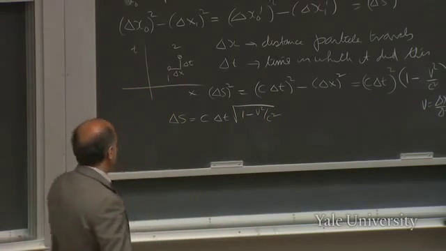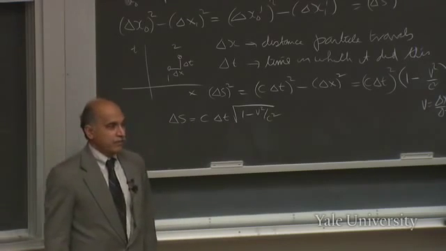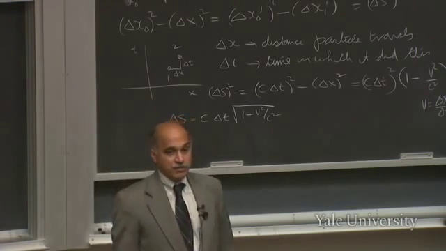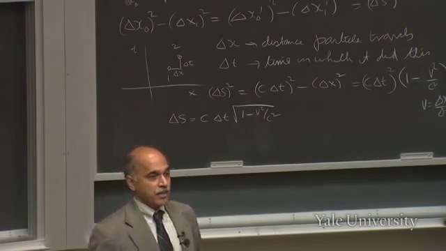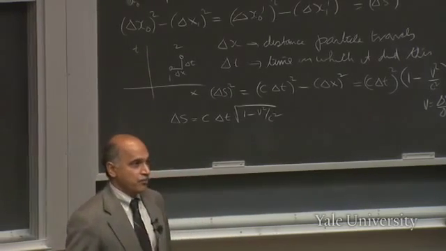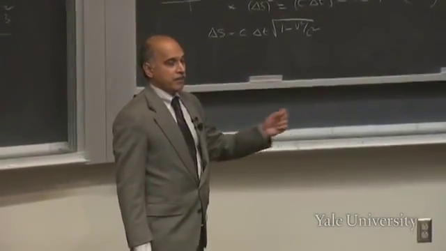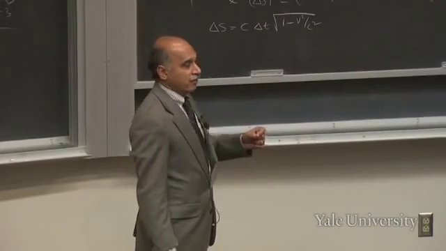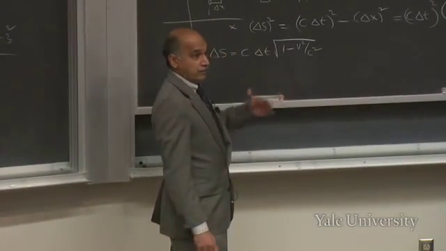Now, this is supposed to be an invariant. By that I mean, no matter who calculates the space-time interval, that person is going to get the same answer. So let's calculate the space-time interval as computed by the particle itself. What does the particle think happened? Well, you're riding with the particle.